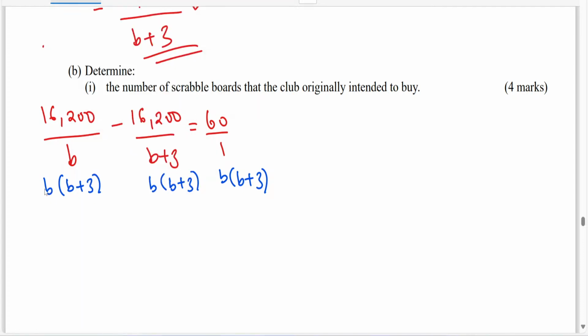So if you are to eliminate hii na hii itatoka, so inamaanisha 16,200 uta times na hii hapa. So 16,200 times B is 16,200B plus 16,200 times 3. Nimekosea kidogo.